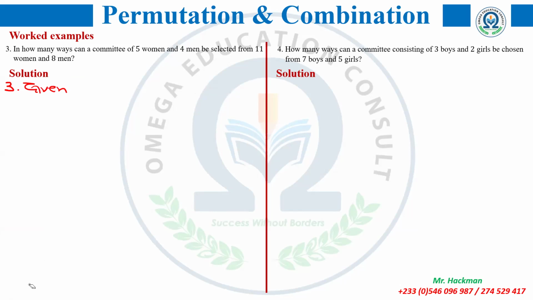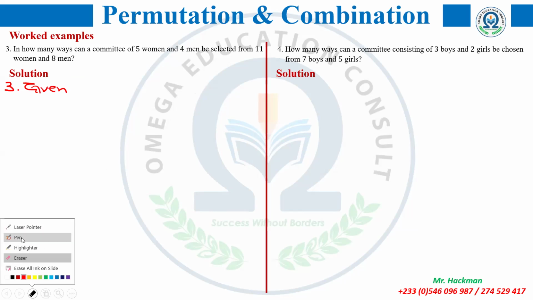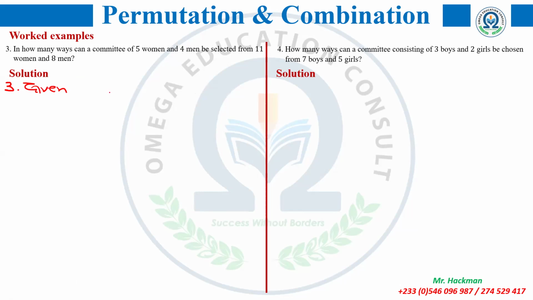Later, if you move on, I will refine the presentation as usual. So now I'll write, giving number of women. The total number of women, what do we have? 11. Comma, number of men.